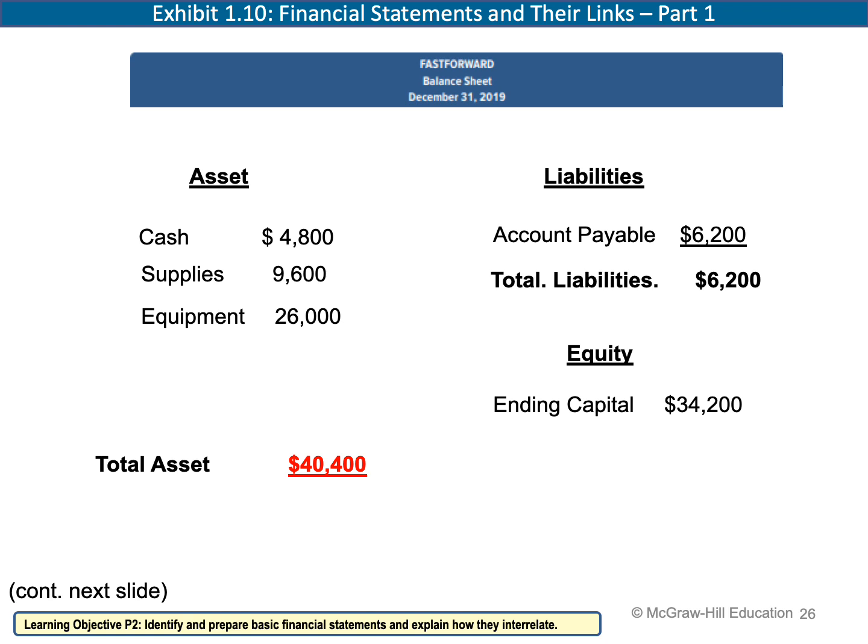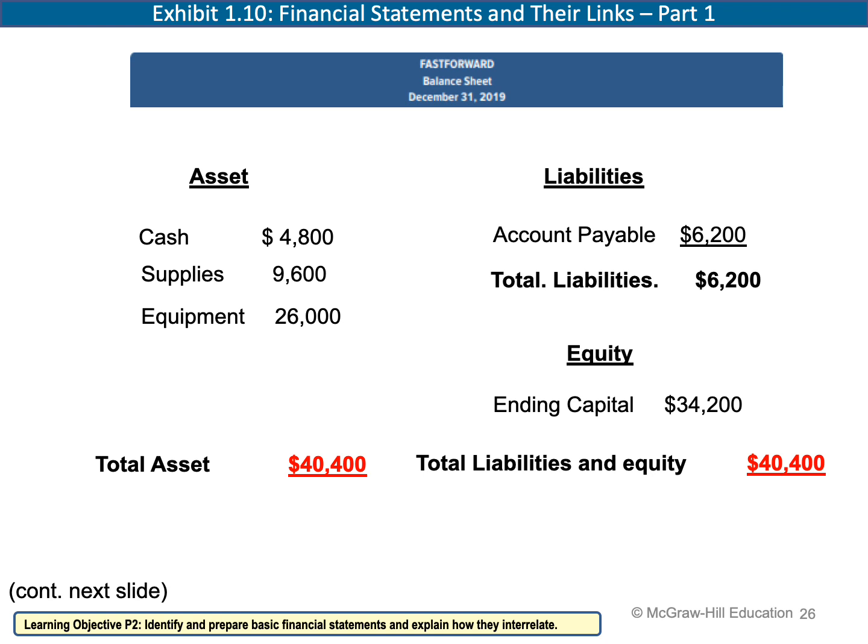So if you remember the accounting equation, the asset should equal total liabilities plus total equity. So if I add total liabilities, 6,200, plus 34,200, it's going to give me 40,400. You have to remember in the balance sheet, the total asset side should equal the total liabilities and equity. In our case, it's equal.